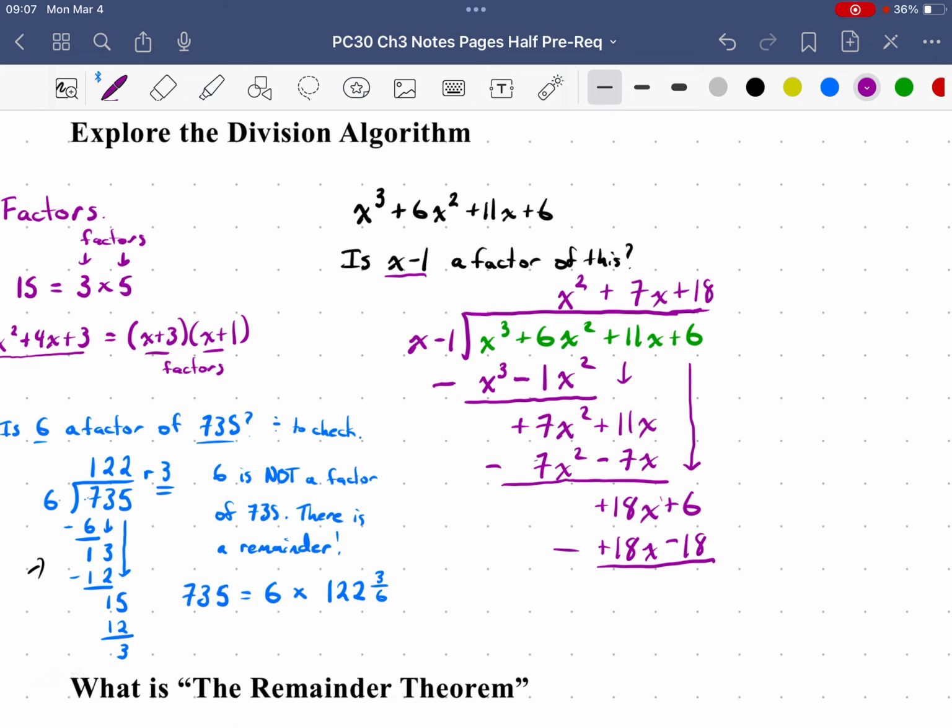Negative 6 subtract negative 18 is plus 24. So we get a remainder of 24. Now, there's a remainder here. So our answer to this question is, is x minus 1 a factor of this? No. There is a remainder.